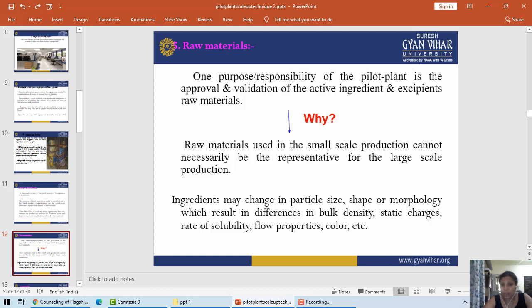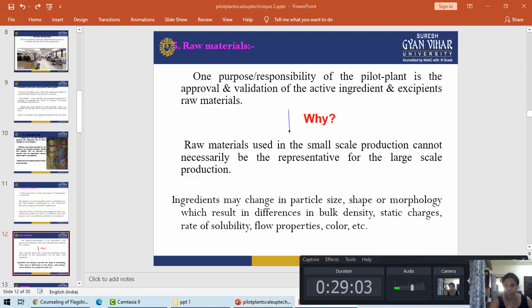Because raw materials used in the small scale production can't necessarily be representative for the large scale. This is a very important thing. It is not necessary that the ingredient which you are taking for the small scale is also suitable for the large scale.